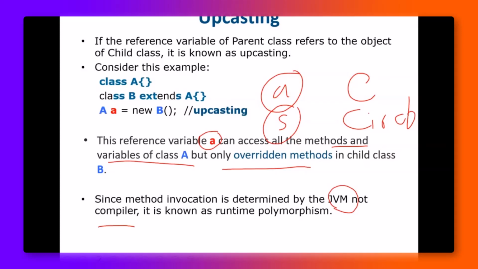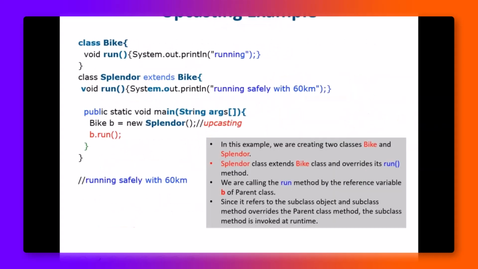Once you start running the program, the Java virtual machine will figure out which method to call. Are we going to call the animal sound or get area from the superclass, or are we going to call the one that has been overridden in the subclasses? So this is known as runtime polymorphism. That is, we don't know until we run the code, because it depends on your choices when you run the code, which classes you created.